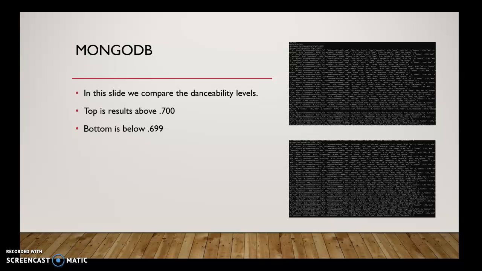And as you can see, there's a lot of data in that picture. I believe that's over about 70% of my songs. So there's quite a few that are above the 0.700 mark, and then below is less than or equal to 0.699. So that's all the results that are below the average.